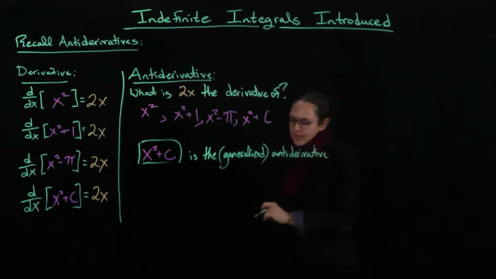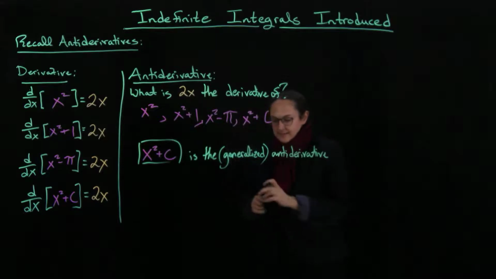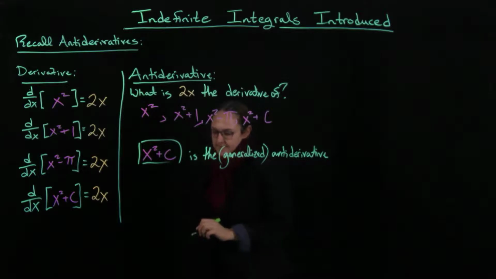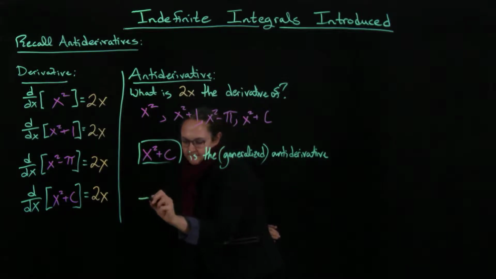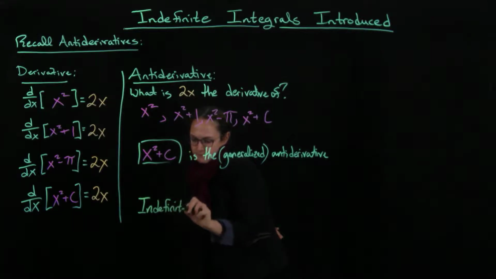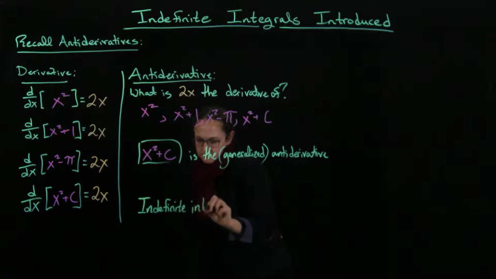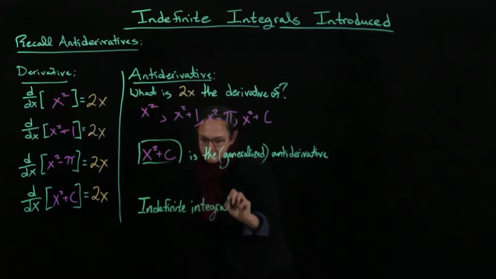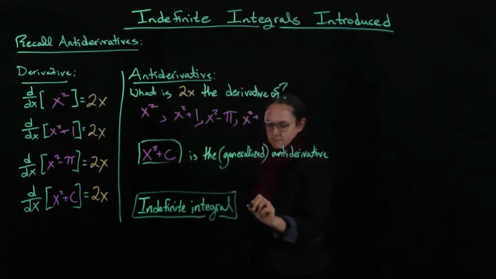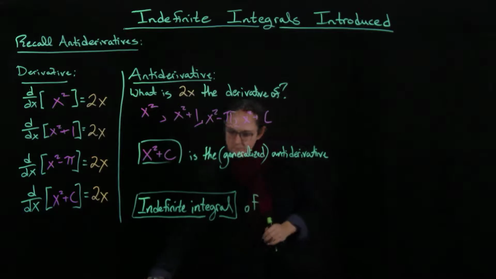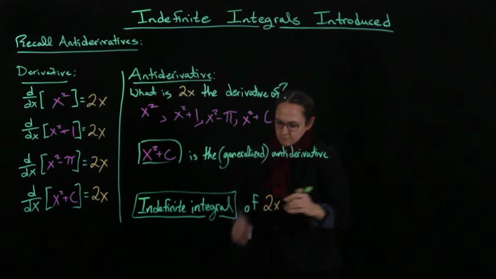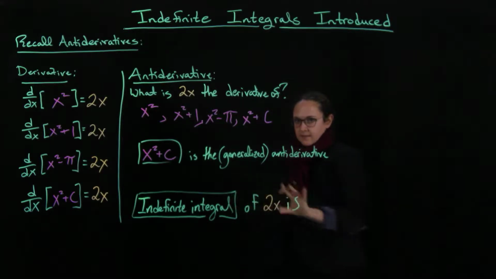Right? So then the indefinite integral of 2x, so what this is all going to tell me is that the indefinite integral of 2x is, so this is how we would write it.